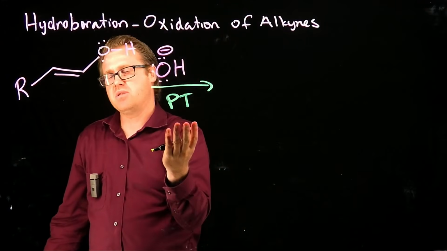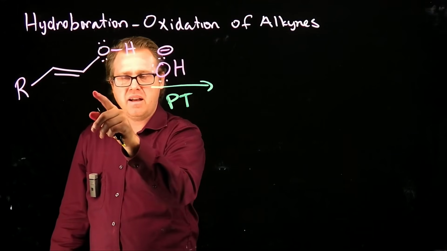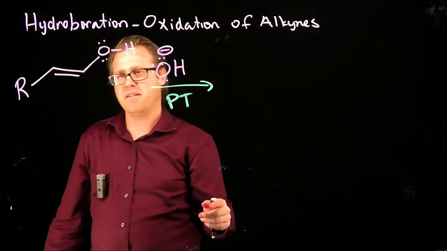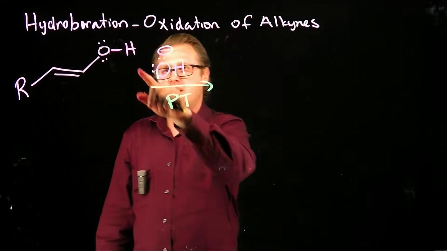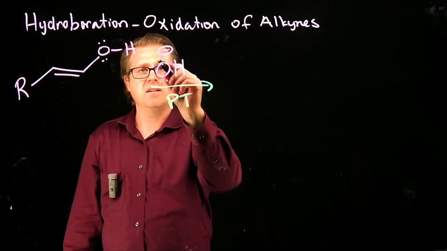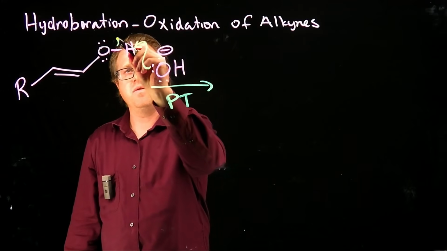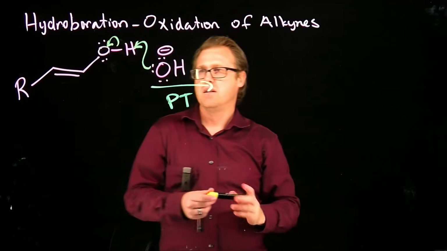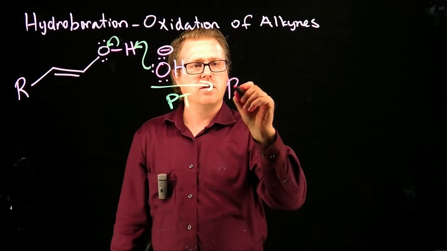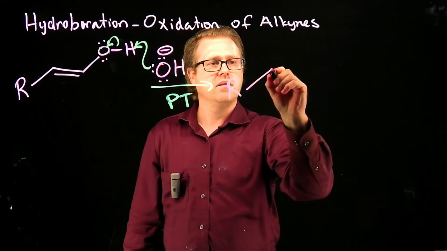What's the most acidic proton? Well, an alkene hydrogen has a pKa of around 43, but an alcohol hydrogen has a pKa of around 16. So that's the one it's going to go for, and so it does that.